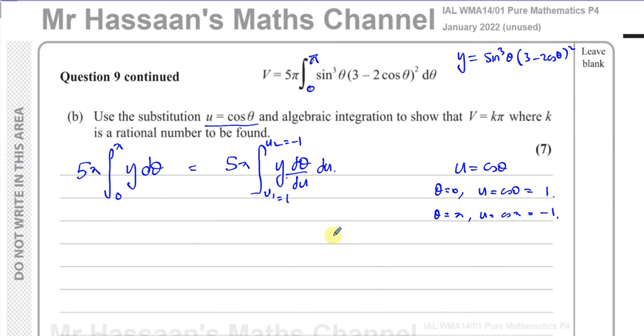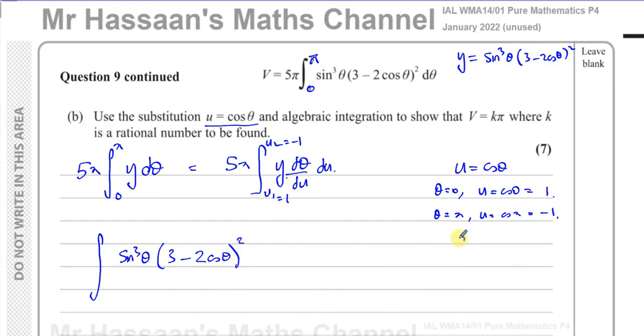Now we have to put everything in the right place. I'm going to replace y with what it's equal to, sine cubed theta times (3 minus 2 cosine theta) squared, and d theta du.